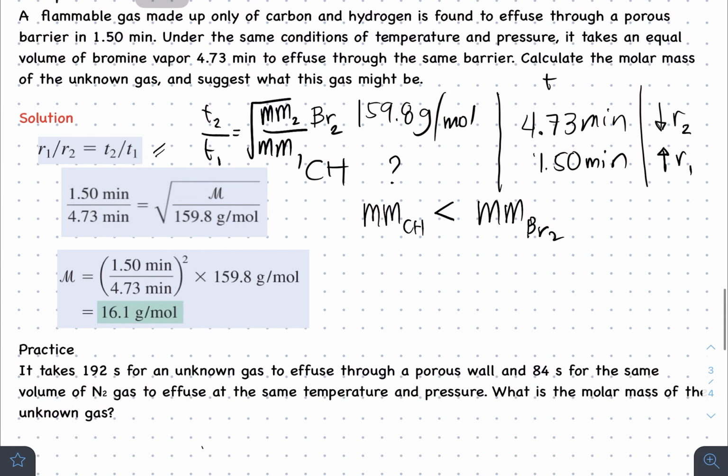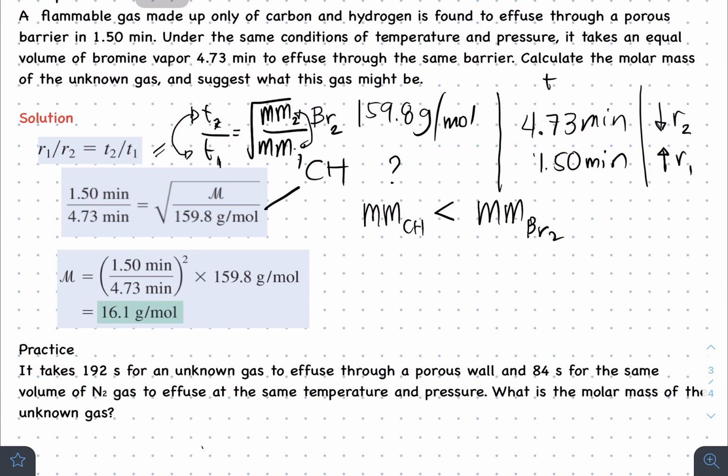It is interchangeable. If you change the position of these two, you must also change the position of the molar mass. If you place 1 at the top and 2 at the bottom, you also need to interchange the other side of the equation: molar mass 1 in the numerator and molar mass 2 in the denominator. With this, we have this equation by substituting all the given values.